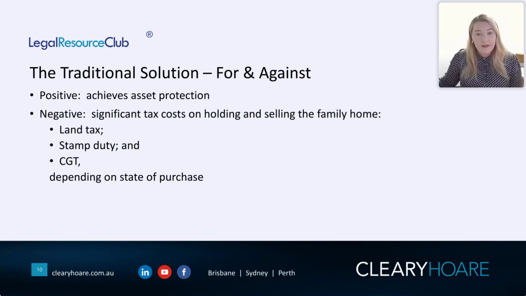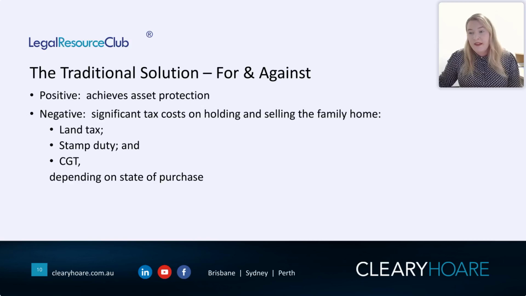And the last tax cost that we would need to deal with is CGT. If we are moving a property from an individual to a trust, it shouldn't cause any CGT issues because they should be able to apply the main residence exemption. But there could be issues if the trust wants to sell that property in the future, because much like the land tax situation, if the property is owned within a discretionary trust, the trust will not get the benefit of the main residence exemption, and so you'll have that CGT liability to bear within the trust.